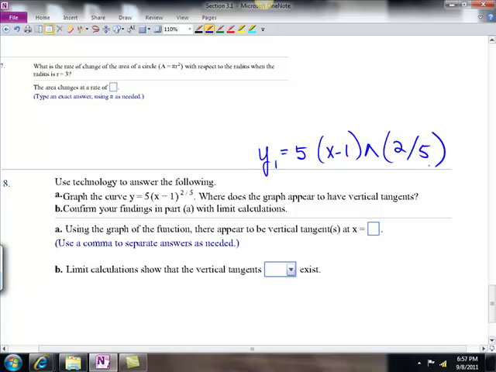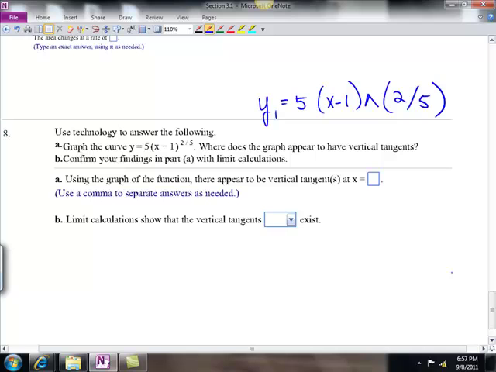I would put it in like that and see what kind of curve we get. You get something like that?